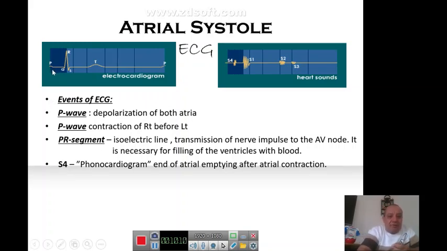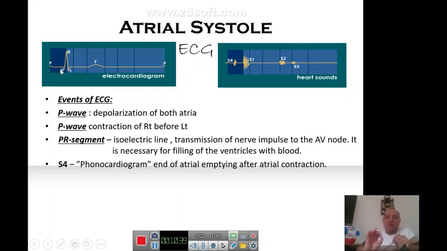The PR segment, which actually starts from the P and ends at the Q or R. Sometimes we don't have a Q in the ECG, so we call it PQ segment or PR interval or PR segment. That means it is the time necessary for the cardiac impulse to travel from the SA node through the atria into the AV node.